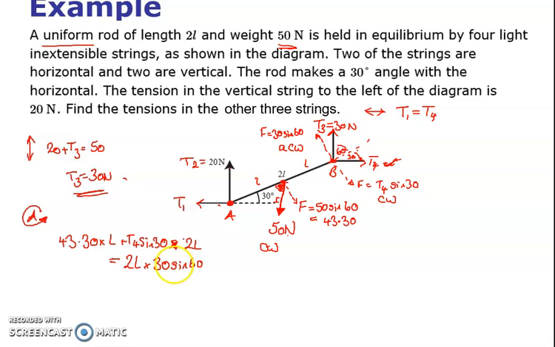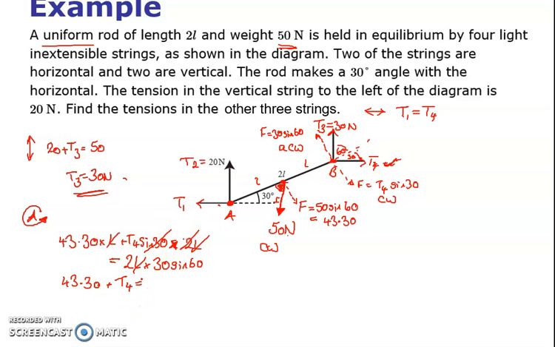So let's just do a bit of work here. Well, first of all, I notice there's L's everywhere. So I can divide everything by L, and that makes it a lot easier. I've got a 2 here and a 2 here. I'll just bear that in mind. So I get 43.30 plus, now sine 30 times 2 is 1, I think. So sine 30, close bracket, times 2 is 1. So effectively that cancels with that. And I've just got plus T4.